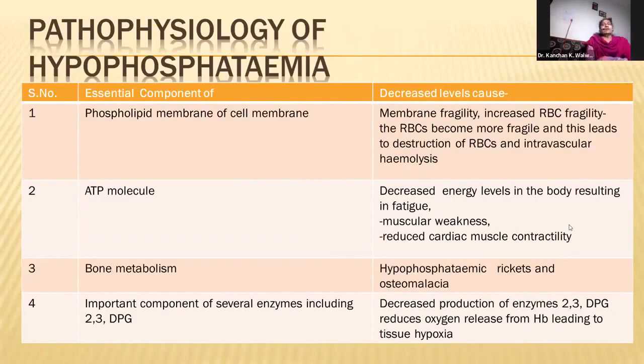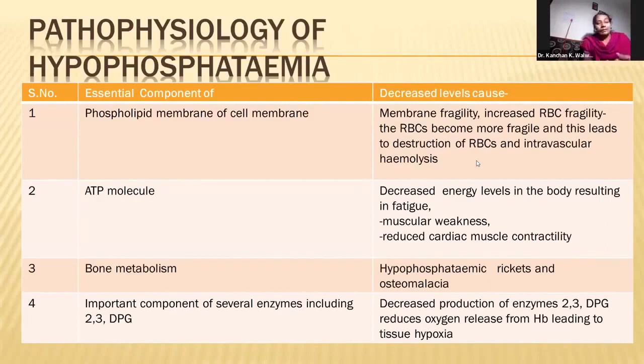Actually, what it does is, when the hemoglobin is in the RBC, and when there is oxygen in the blood in the lungs, it is this enzyme which combines the oxygen with the hemoglobin. So decreased production of this enzyme, what will it cause? It will cause reduced release of oxygen from the hemoglobin, because the hemoglobin is tightly bound to the oxygen with the help of this enzyme.